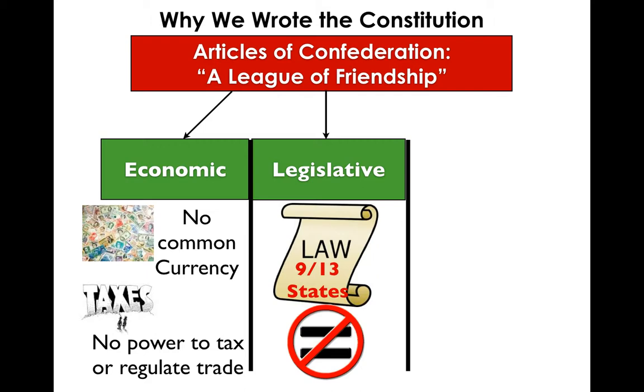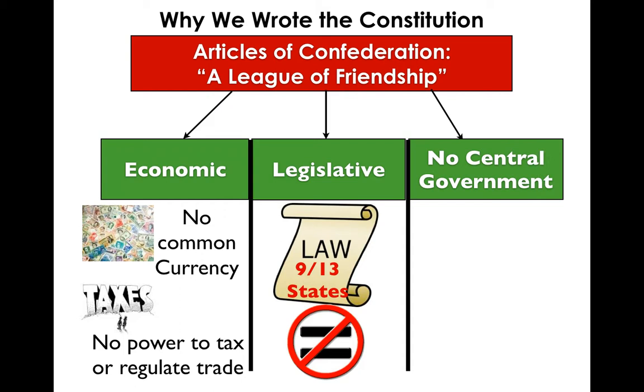And so that meant 5 small states like Rhode Island or New Jersey could, even though they had a smaller population, block something that the larger states like Virginia or New York wanted. So this was a huge problem.